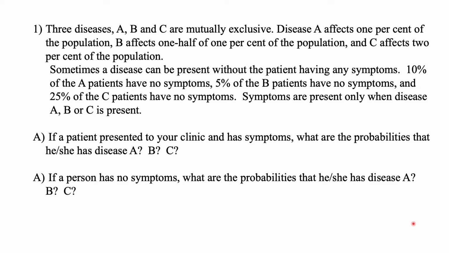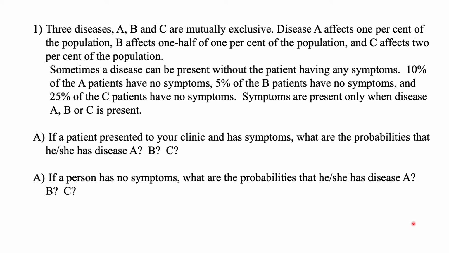Sometimes a disease can present without the patient having any symptoms. 10% of the disease A patients have no symptoms, 5% of the disease B patients have no symptoms, and 25% of the disease C patients have no symptoms.